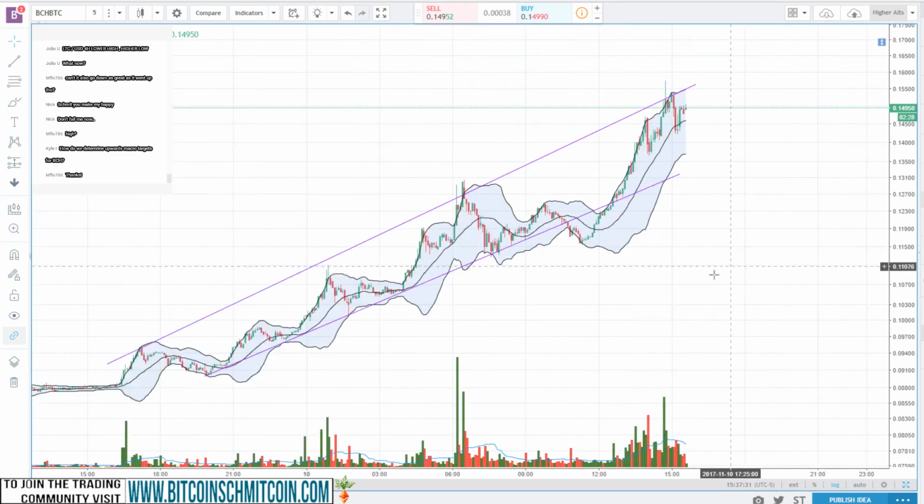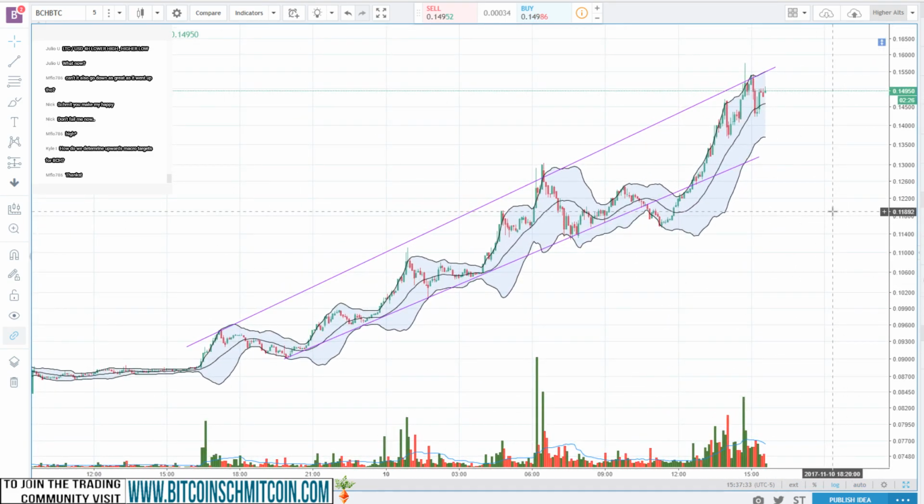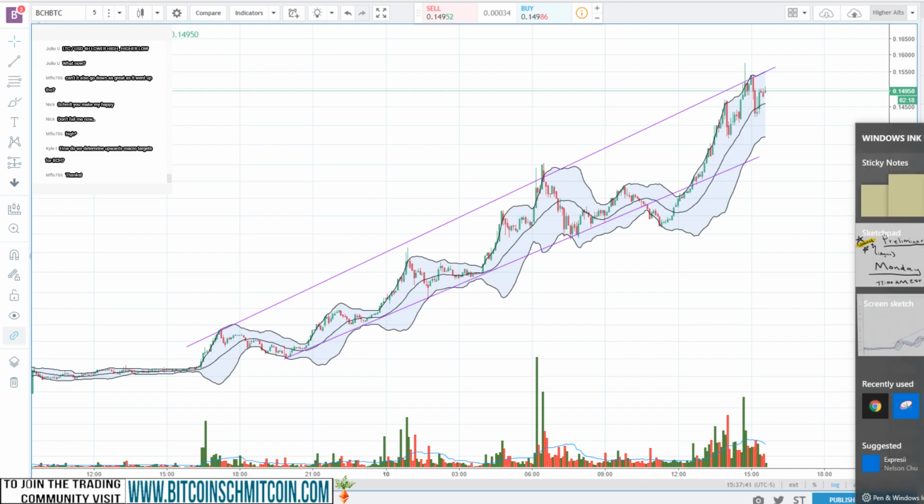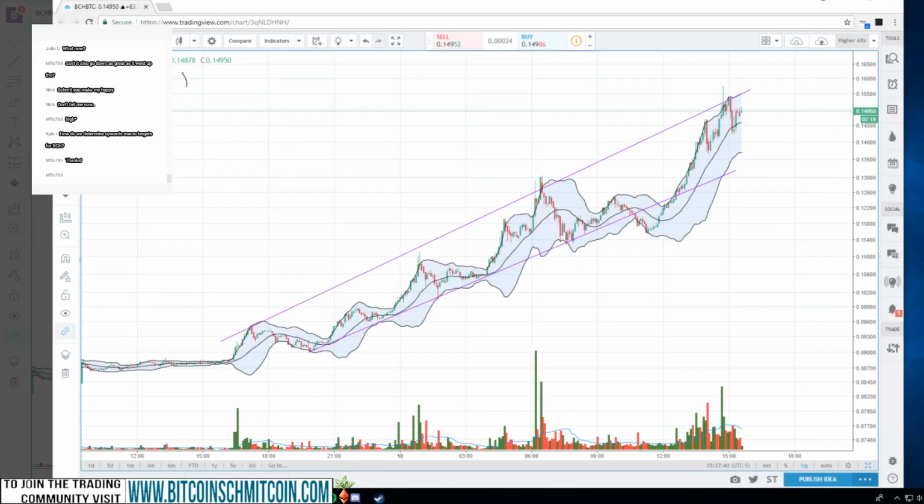And for those of you who don't know what this is, this is the ratio of market dominance between BCH and Bitcoin. So if you take the two prices, say hypothetically, if Bitcoin equals 5 and BCH equals 1, BCH Bitcoin equals 1 divided by 5, which equals 0.2.